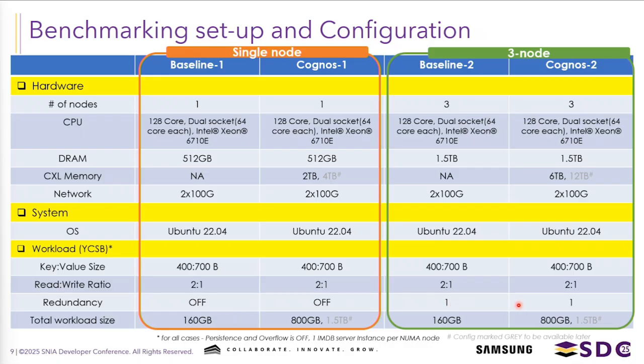For multi-node, redundancy of 1, meaning 2 copies. And the data size which we used for the baseline without CXL was 160 gig. With the addition of 2 terabytes extra, we could run almost 5 times more data size. So you can see how the data size has impacted here.